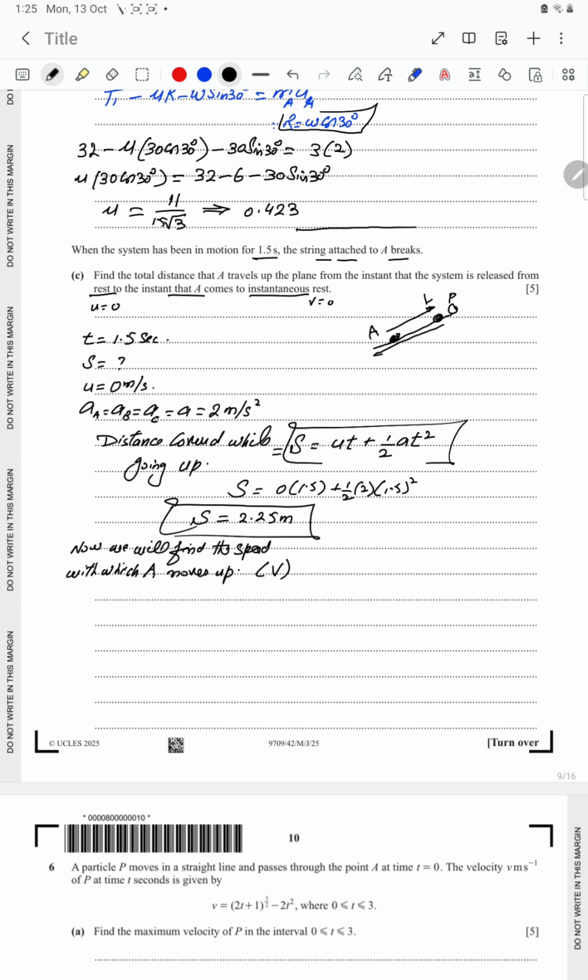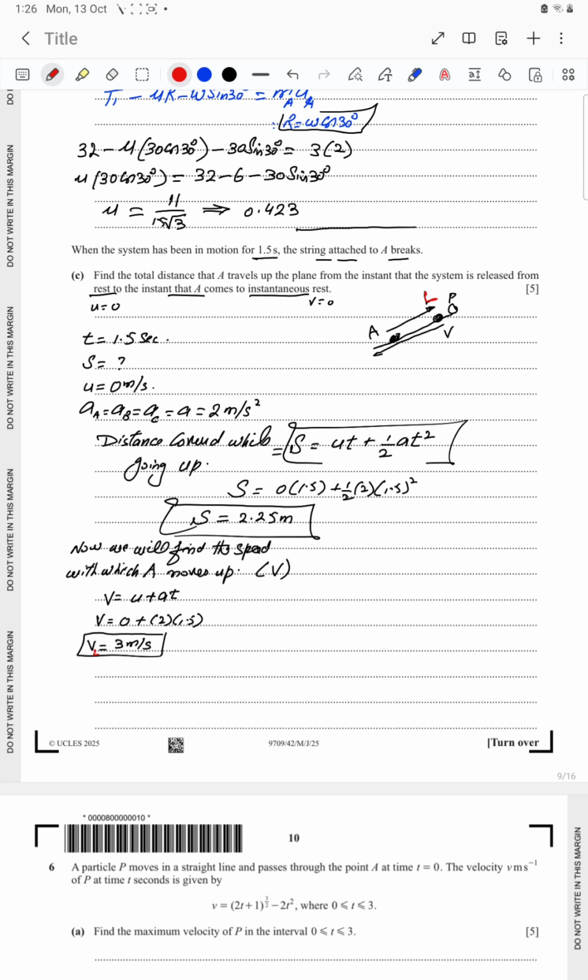Say it's v. So v is equal to u plus at. At this point, u is 0, a is 2, and t is 1.5. So v comes to be 3 meters per second, the speed with which it reaches point L. This is the speed at point L.